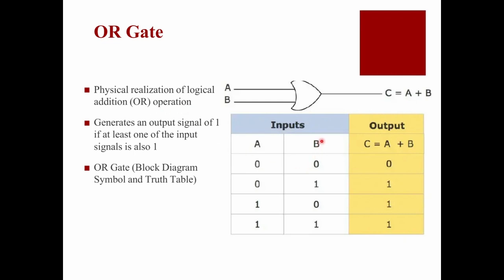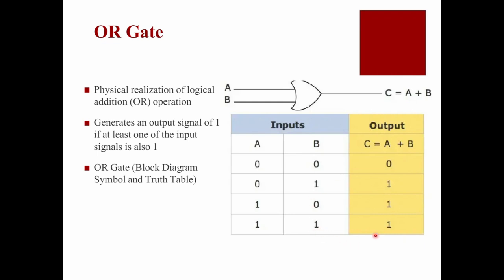Now, let's see the truth table. Example, input A is 0, input B is 0. This means 0 plus 0 is 0. Input A 0, input B 1, so the output will be 1. 1 plus 0 is 1. 1 plus 1 is 1.